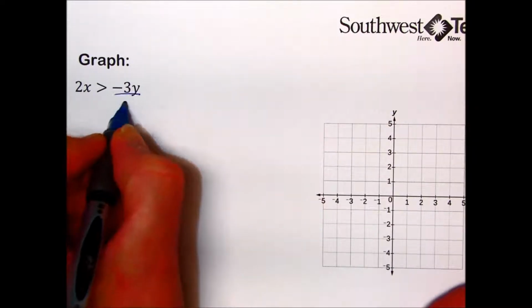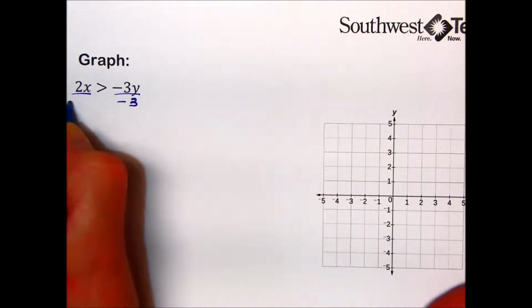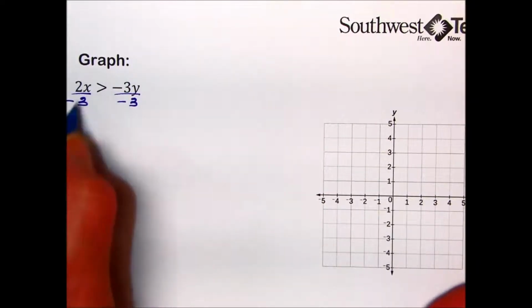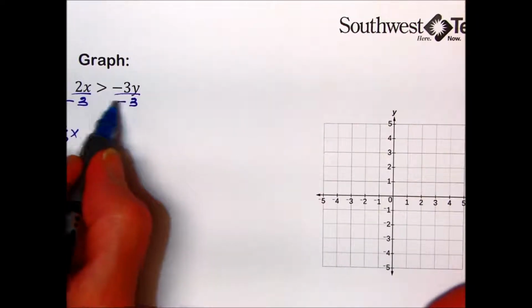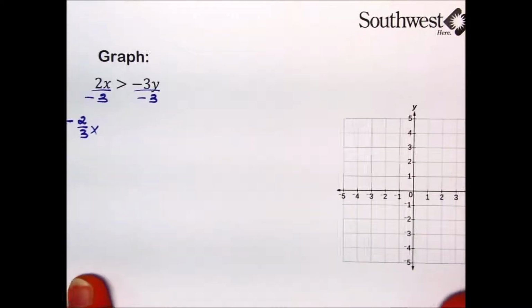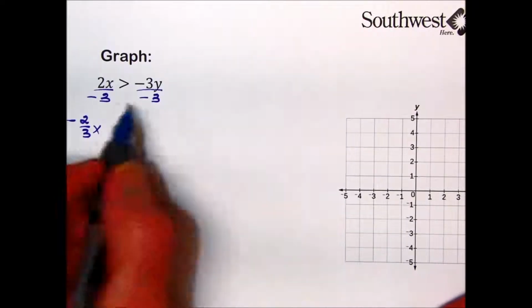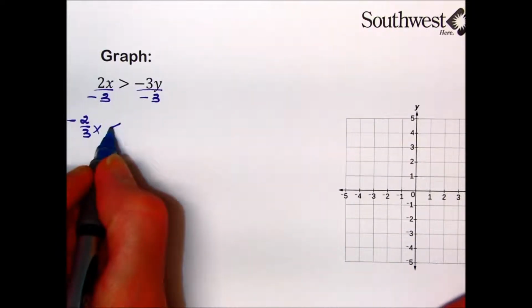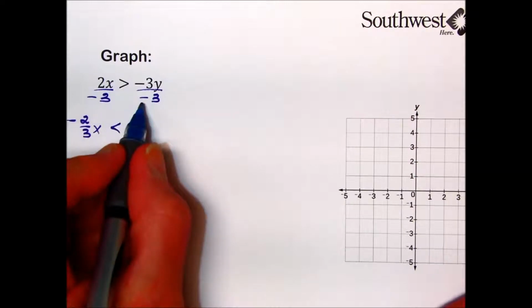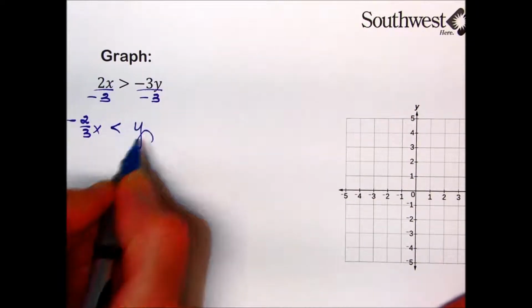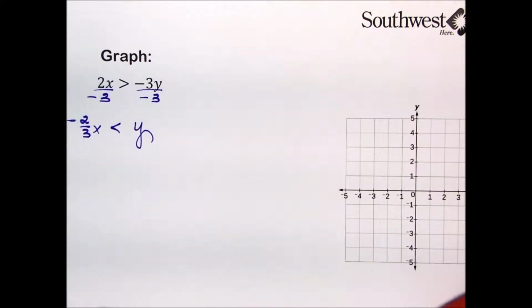So I need to get y by itself. I'm going to divide every term by the coefficient. I end up with a -2/3 x, and because we have an inequality and we're dividing by a negative, the direction of the inequality must change. The negatives cancel out, 3's cancel out, giving us y.